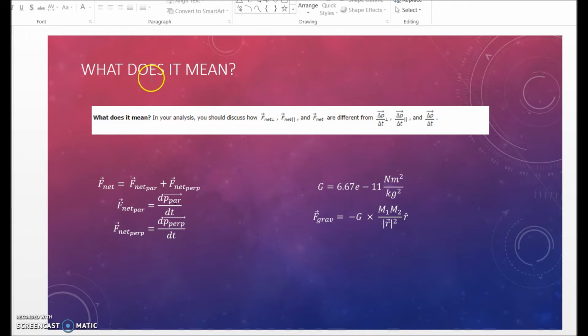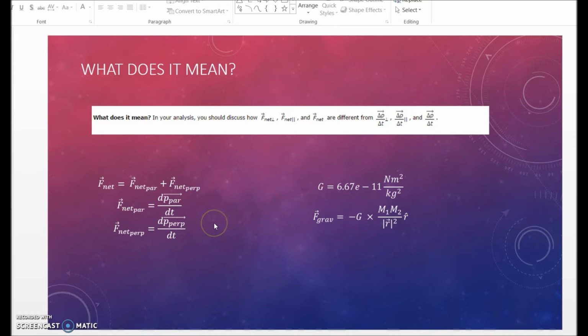So now we're talking about what it means. In my analysis, I need to differentiate F net perpendicular, F net parallel, and F net from the change in momentum divided by the change in time: perpendicular, parallel, and just regular. So we know that F net equals F net parallel plus F net perpendicular, and F net parallel equals dp parallel over dt, and F net perpendicular equals dp perpendicular over dt.